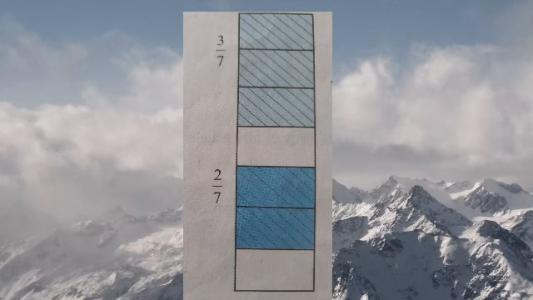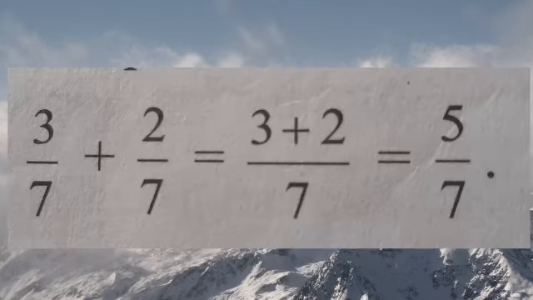So we write the total parts in the denominator. So write 7 in the denominator. So the fraction is 5 by 7. The total colored part is shown by the fraction 5 by 7. It means that 3 by 7 plus 2 by 7 is equal to 5 by 7.